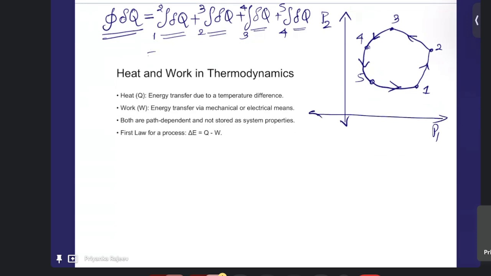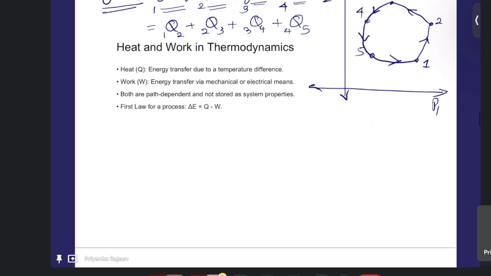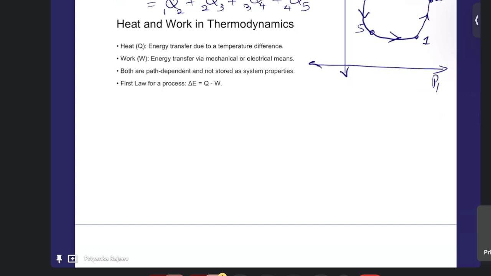This can also be written in this way: Q12 plus Q23 plus Q34 plus Q45. This is the easiest way of representing this integral over paths 1 to 2, 2 to 3, etc. Similarly this can be written for work also.